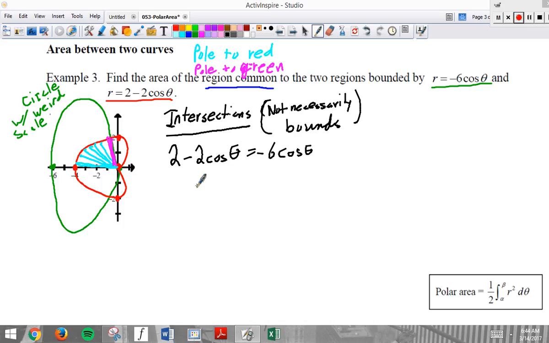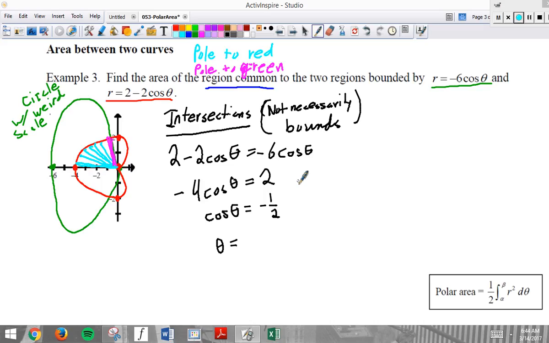And usually it's not going to be that bad to solve. Negative 4 cos theta equals 2. Negative 4 cosine theta equals 2. Cosine theta equals negative 1/2.